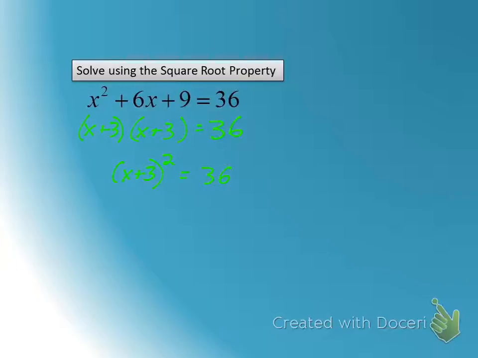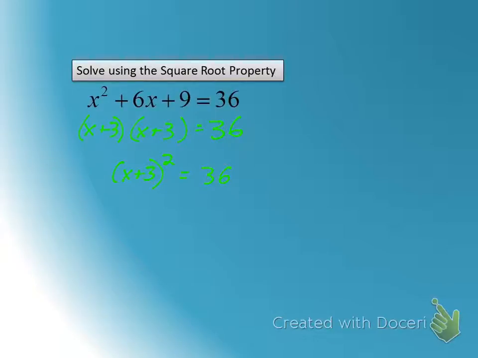Okay? Next question. What do you think we do next? Anybody got an idea? Let's do some logic here. 36 is a what? Perfect square. We have an x plus 3 that is being squared. So how can we get rid of both of those? We could take a, not a factor tree.